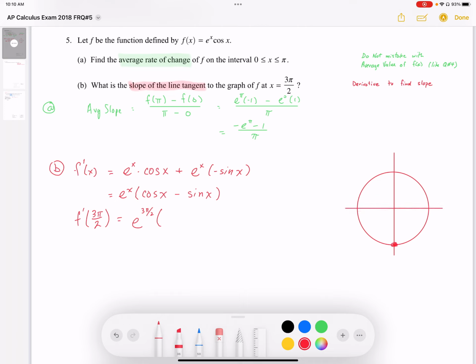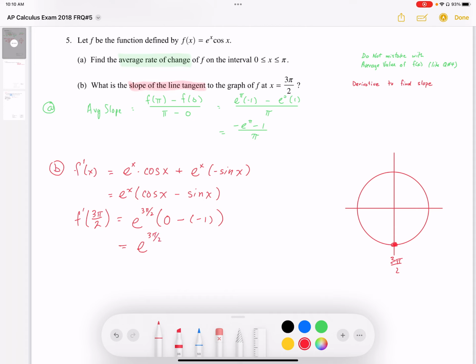The cosine value is the x positioning, the horizontal positioning, so that's going to be 0, minus sine at 3 pi over 2, which is the y positioning on that point. That y positioning is going to be -1. So this works out to be 0 minus -1, or +1. So the slope value works out to be e to the 3 pi over 2.